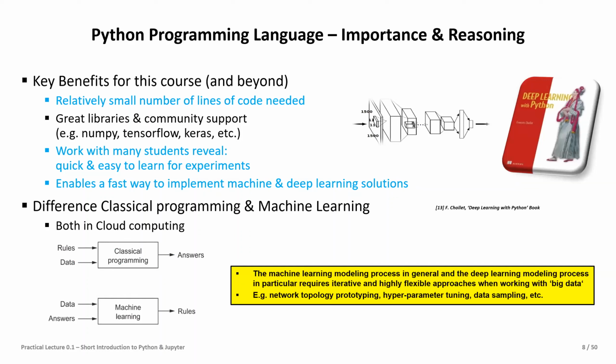And the way you program it is, of course, a little bit different when you come to machine learning. When you have a proper C program or whatever big program you want to write, you have a more classical programming approach, where you would say there are certain rules for how you operate a bank, you have certain data that the bank needs, and you have some application logic, and then you get the answers.